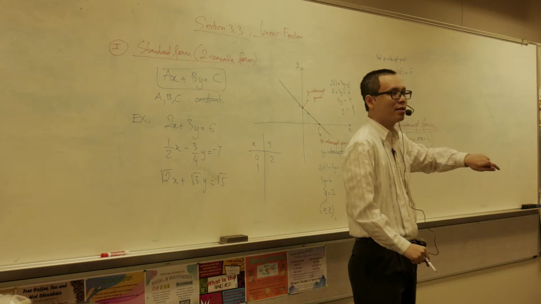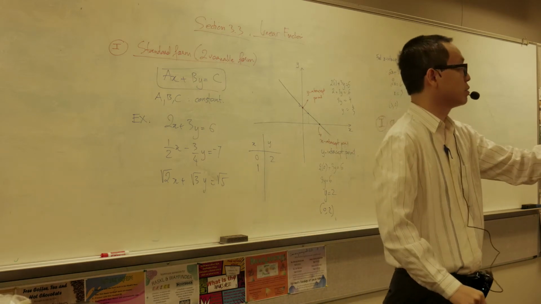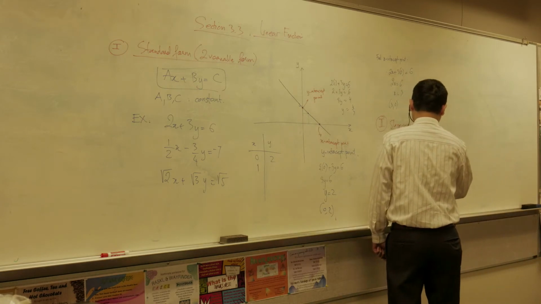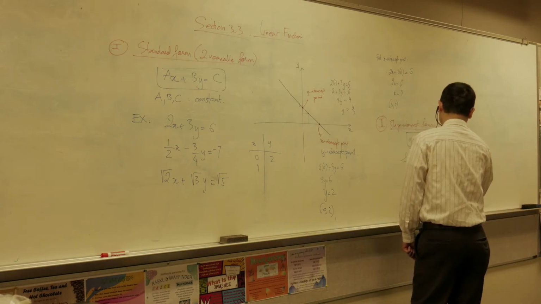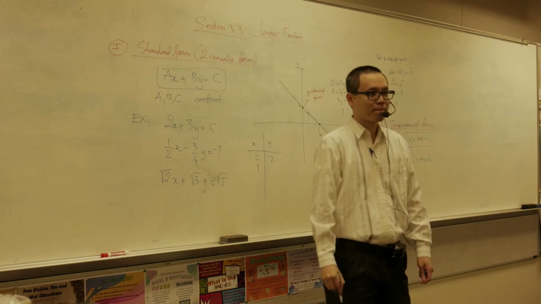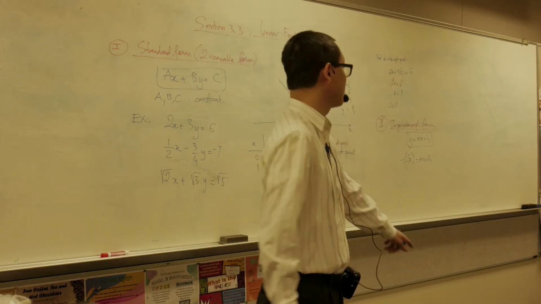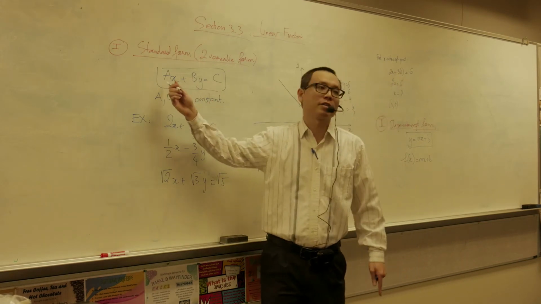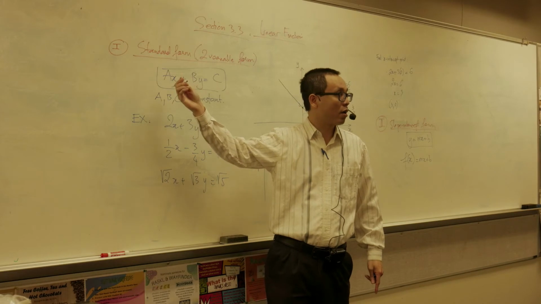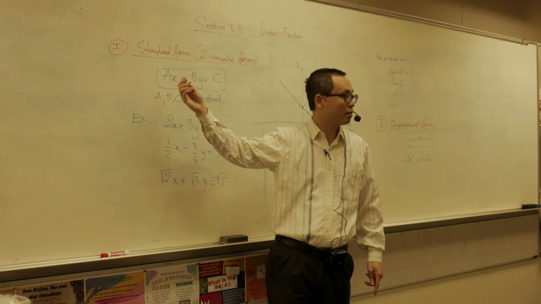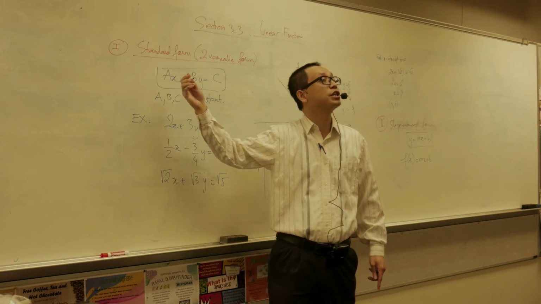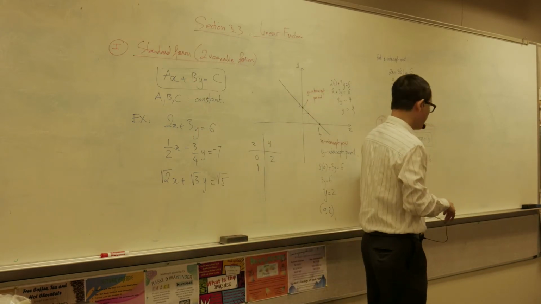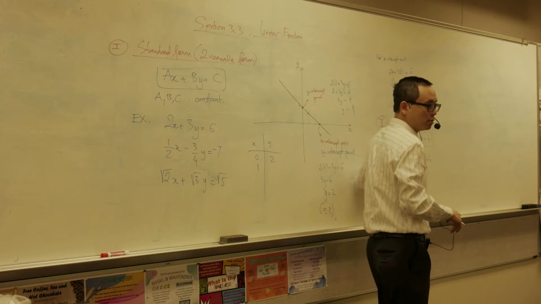But I'm talking about what the y is. y we can replace with something else. So we have f of x equals mx plus b. Every time we talk about a linear function, this is the form right here, while the other form is used when we try to write a linear equation.